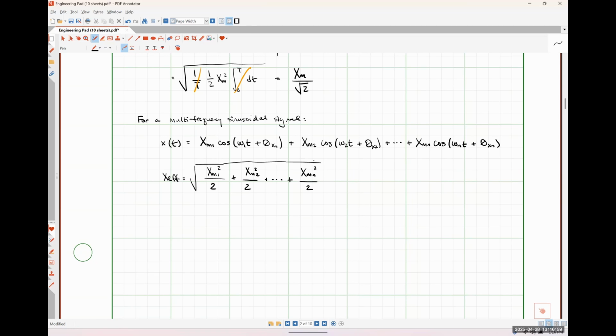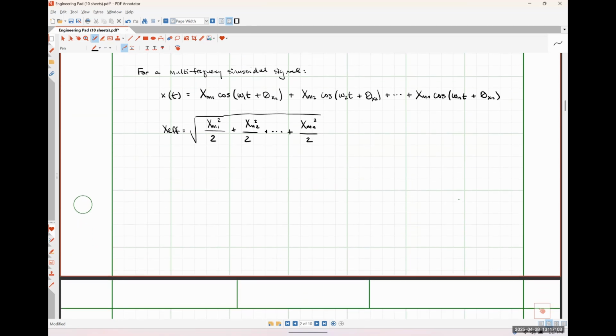So let's generalize this a little bit more. Okay. Instead of putting it in terms of the magnitudes of each of those portions of the signal, we can actually express this in terms of the effective values of those individual portions.